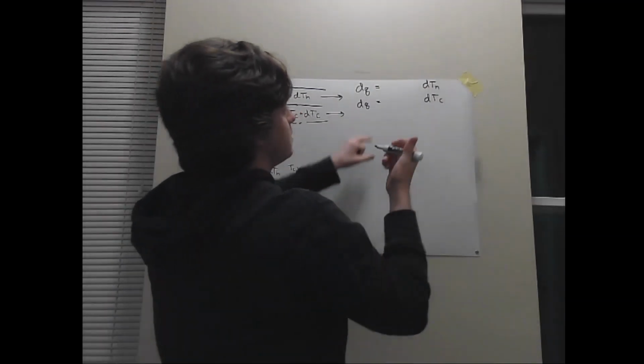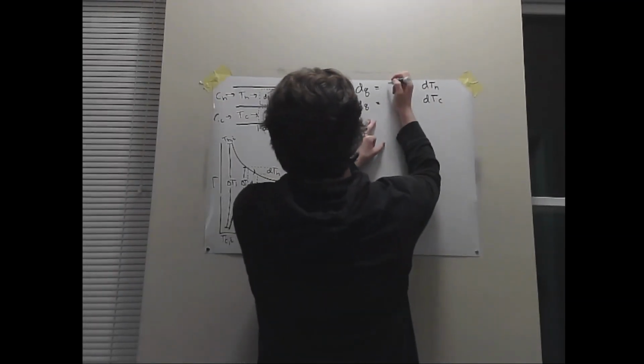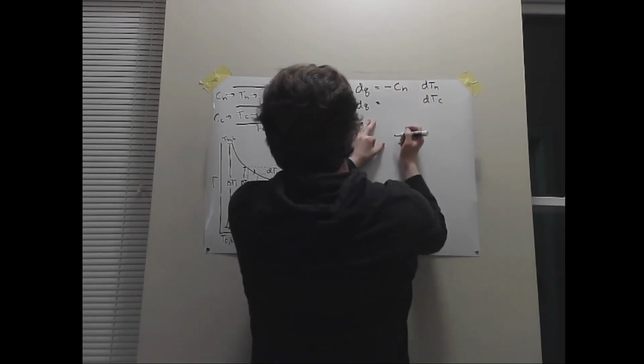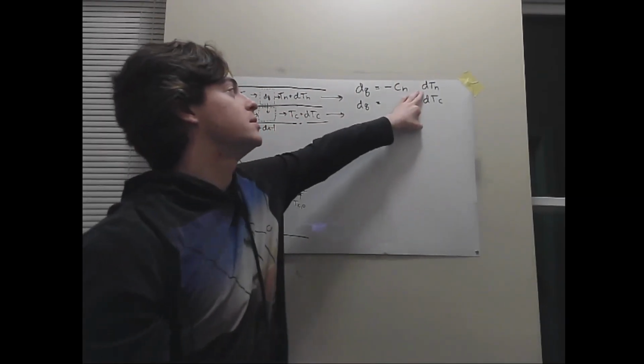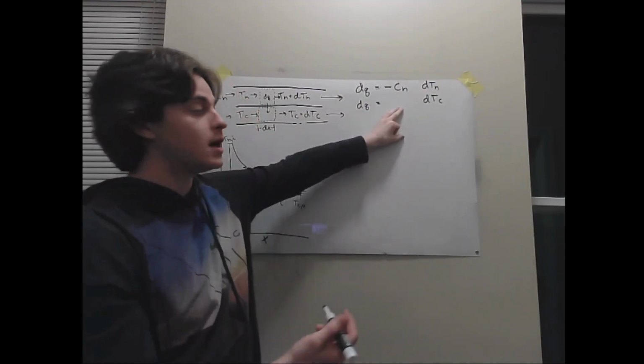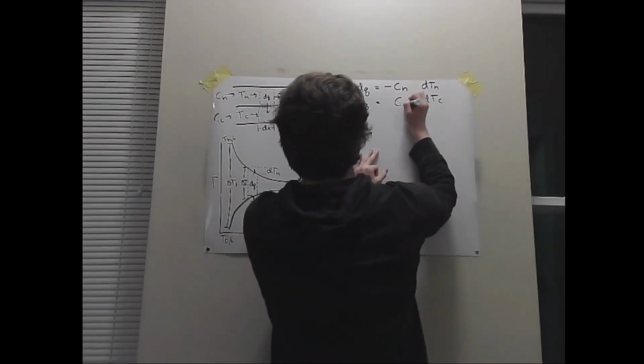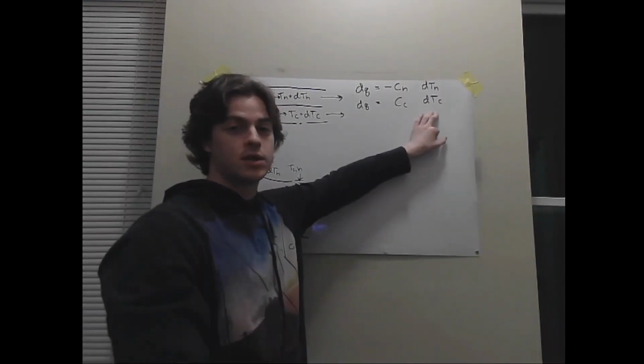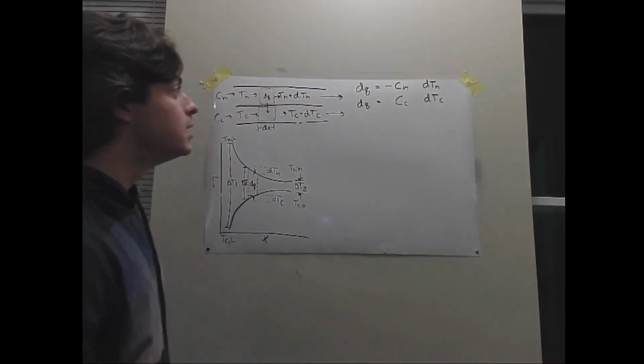Our equation for the hot stream just becomes a negative heat capacity rate of the hot stream times the differential change in temperature of the hot stream. And for our cold stream, it's just the heat capacity rate of the cold stream times the differential temperature change of our cold stream.